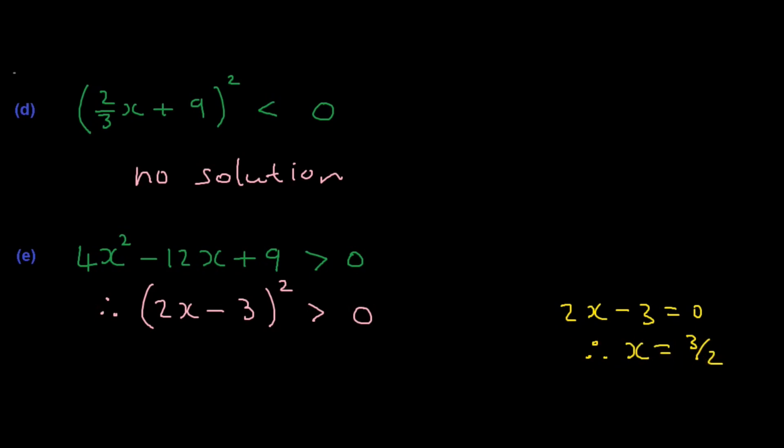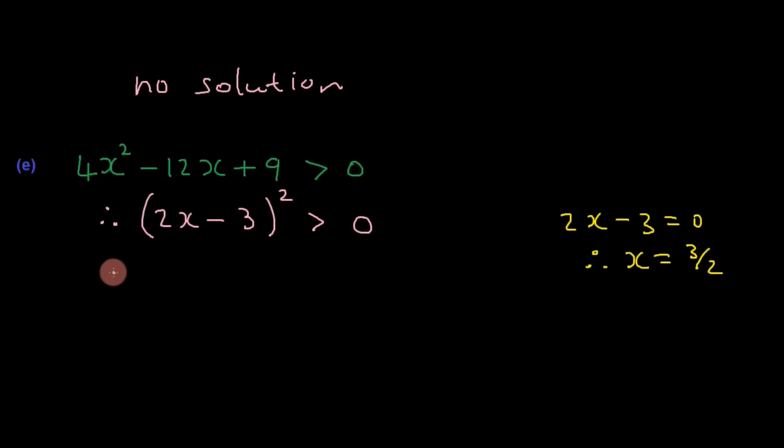So then the answer to this inequality is x is an element of real numbers, but x cannot equal 3 over 2. Because when we plug in 3 over 2, the left-hand side will equal 0 and won't strictly be greater than 0. So x is an element of real numbers, excluding 3 over 2.